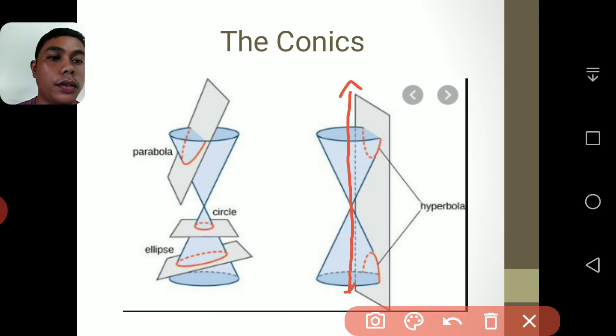So it's right over there, and as you can see, the plane is parallel, cutting the naps into two parabola-like structures, but they're not parabolas. A hyperbola is different from a parabola. It may look like the hyperbola are a pair of parabolas, but it's not like that. Okay, so that's the hyperbola.